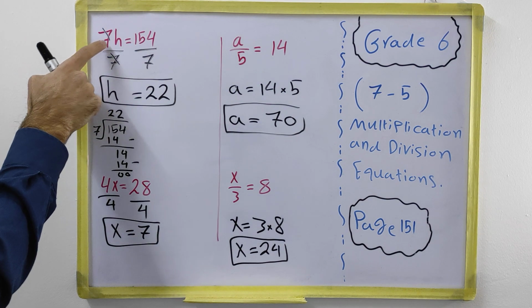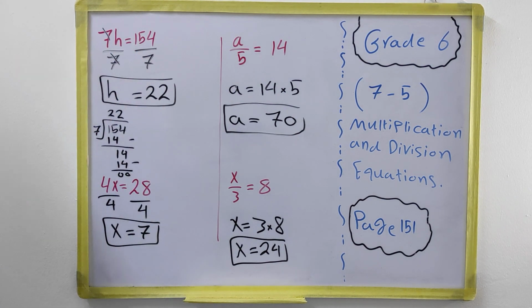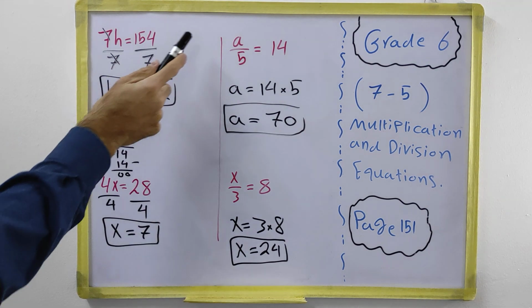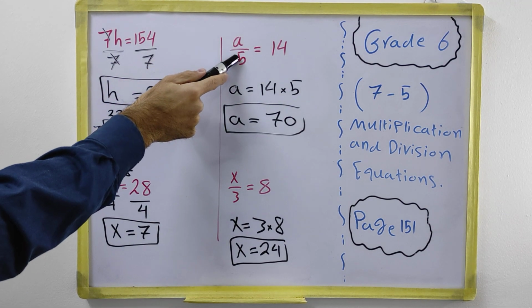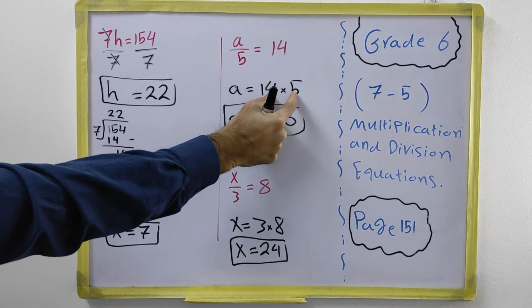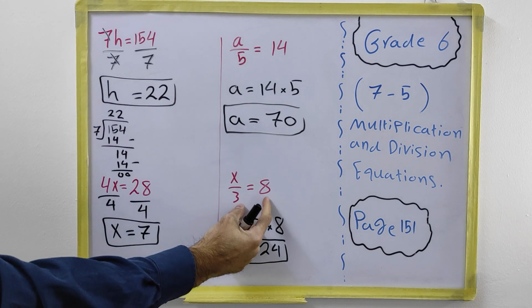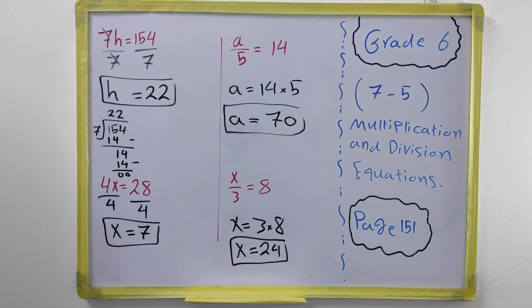Whenever you have a number multiplied by the variable, you will use division to solve. When you have the variable divided by a number, you use multiplication of these two to find the answer, because in the question we have division.